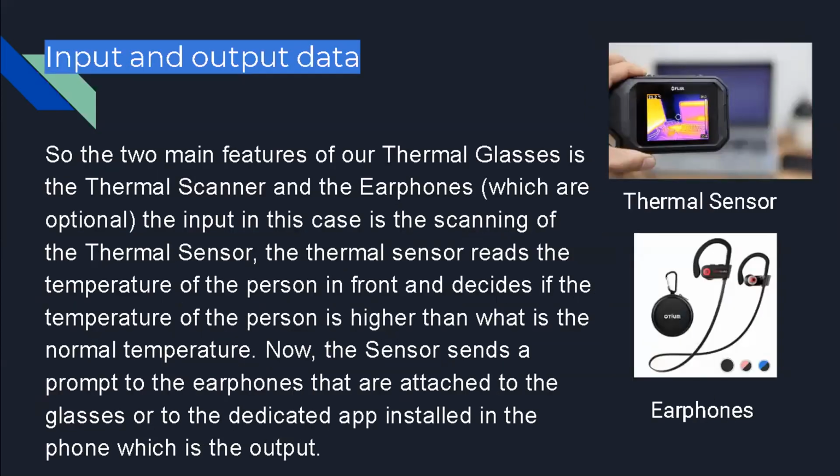So now the two main features of the thermal glasses: there is a thermal sensor which acts as the input. What this really does is that the thermal camera first recognizes the person, and it recognizes the temperature of the person.